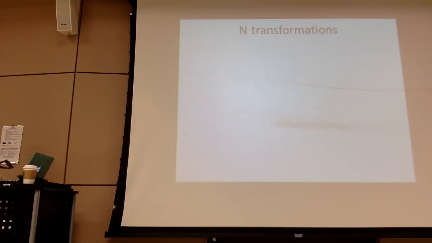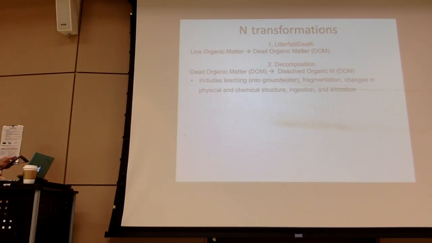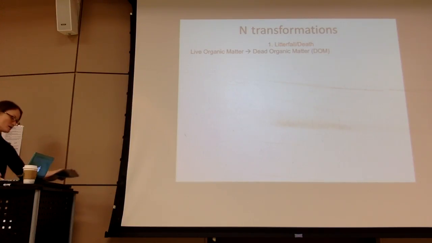We're going to talk about some nitrogen transformations, because if you remember, when you go from one pool to the other, when you have a flux or an arrow, it can be a physical change, a physical transformation. So we can have litter fall: when leaves fall, we have live organic matter becoming dead organic matter.